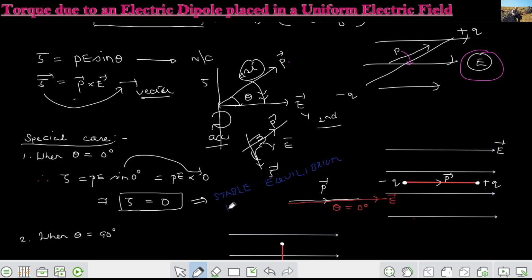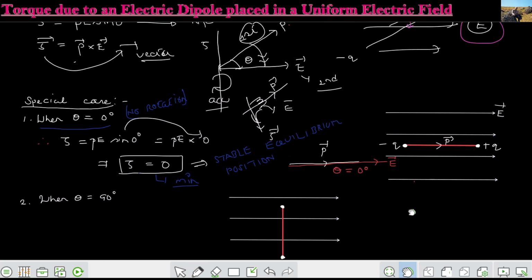When theta is equal to 0, there will be no rotation. The dipole will not rotate at all. It is also known as the minimum condition. Very, very important. These should be known. This will be important for multiple choice questions.